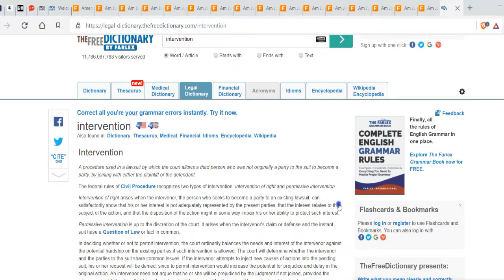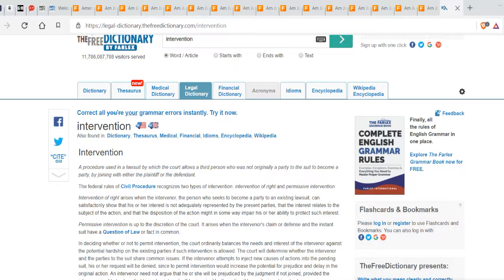Now, the reason I'm bringing this up is because if you've been watching and learning and this is starting to sink in, you are not the defendant. Okay? That all capitalized name is the defendant. You are a third party intervener, and you're trying to be the authorized representative of the defendant.